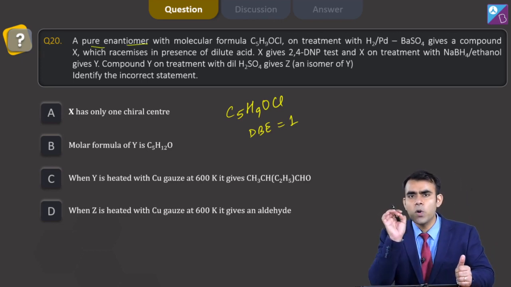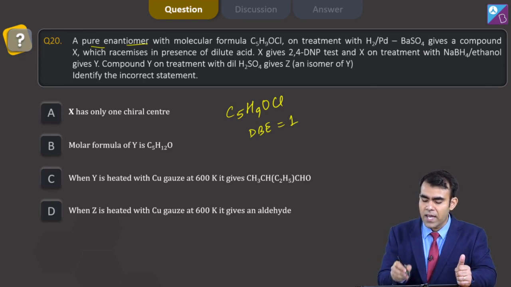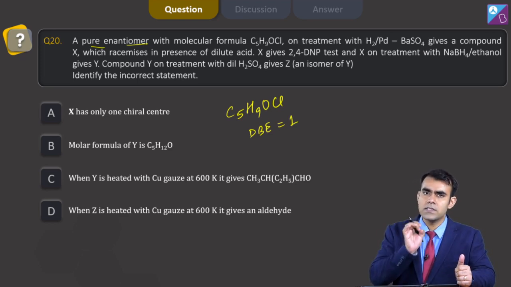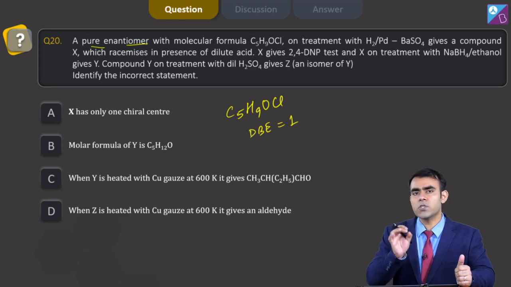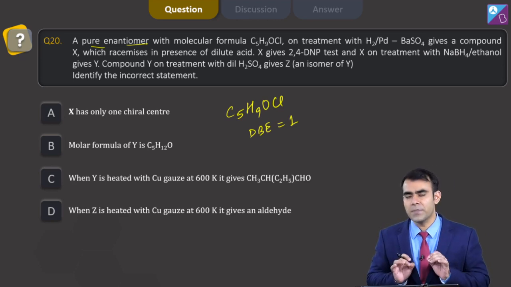Now if this is a pure enantiomer, it means my compound is optically active. And this on treatment with Pd/BaSO4, here we are treating it with Lindlar catalyst, gives a compound X. Now Lindlar catalyst does not work on alkenes, it means it is not an alkene. Also Lindlar catalyst does not work on ring compounds, but it attacks on acid halide and forms aldehyde. So that is one of the possibilities, but we have to confirm it.